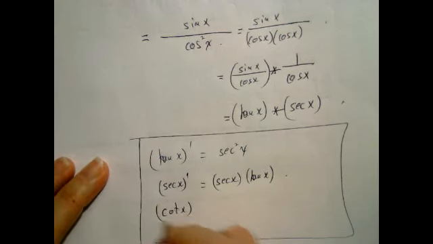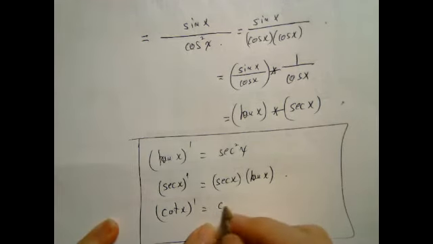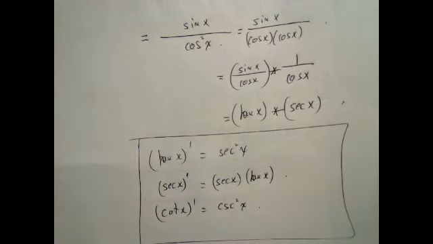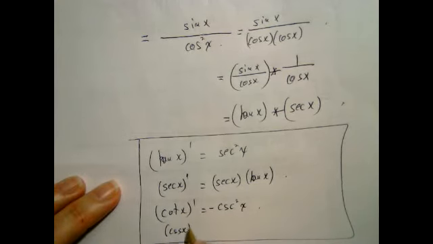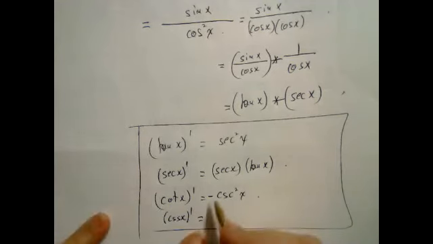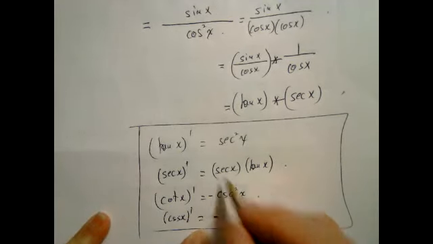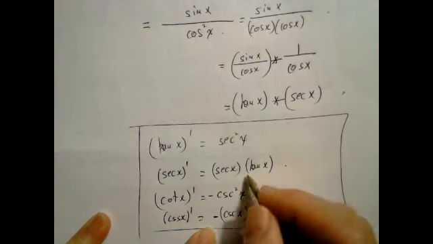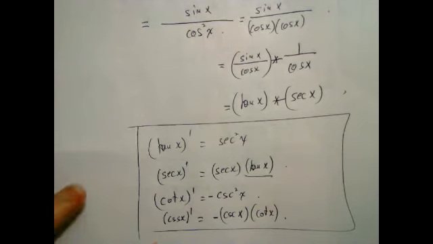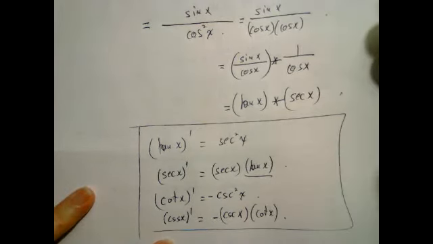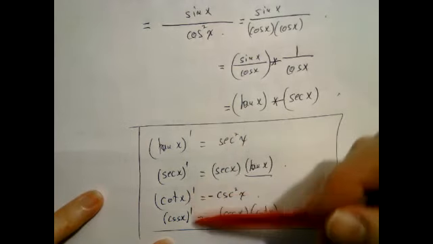The derivative of cotangent x, you can play the same game, is minus cosecant square. Sorry, there is a minus in here. And finally, the derivative of cosecant x follows the same pattern: instead of secant it's cosecant, instead of tangent it's cotangent, with a minus. The ones we use the most, at least in here, are sine, cosine, of course, tangent, and secant, a bit more than those two.